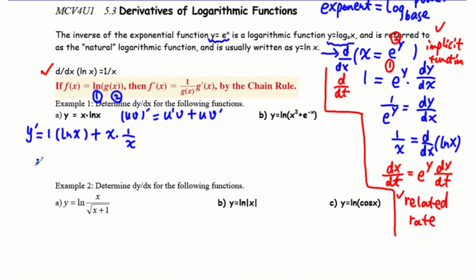If you like, you could simplify it further: 1 times ln x is ln x, and x times 1 over x is just x divided by x, which gives you 1. So this is the first derivative for question A. Then question B.